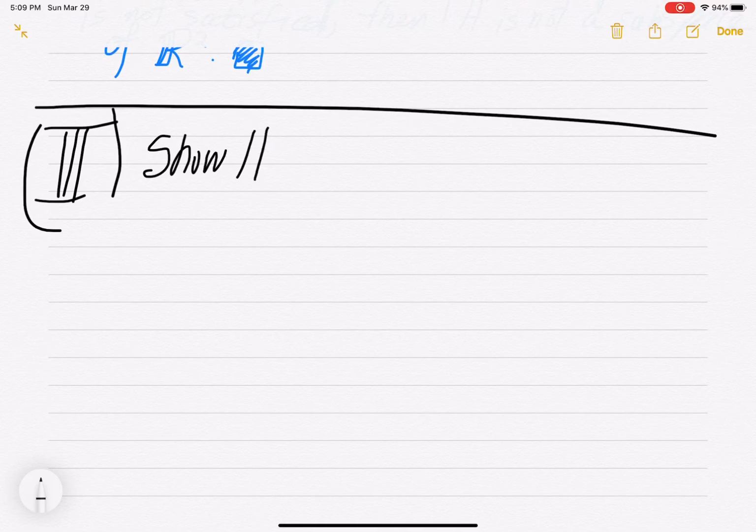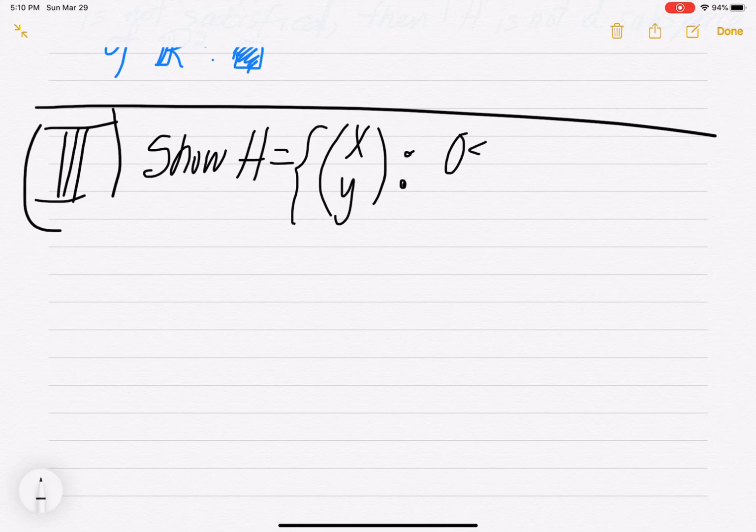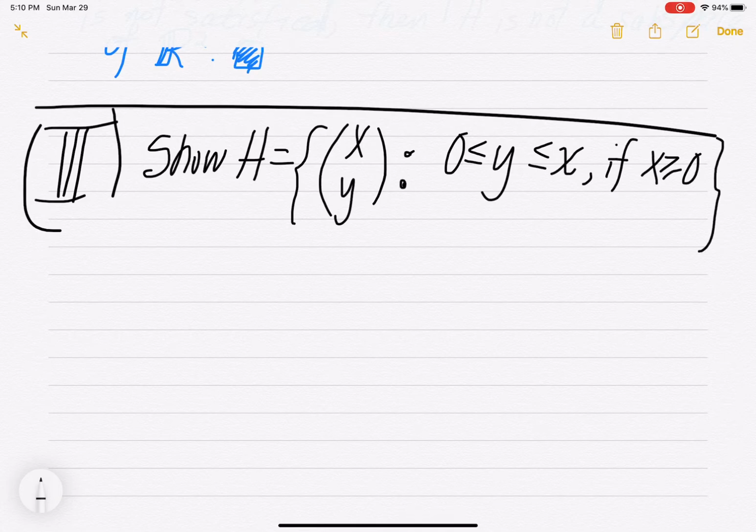Set H takes on the form all ordered pairs (x, y) such that 0 ≤ y ≤ x if x is greater than or equal to 0, and x ≤ y ≤ 0 if x is less than 0.